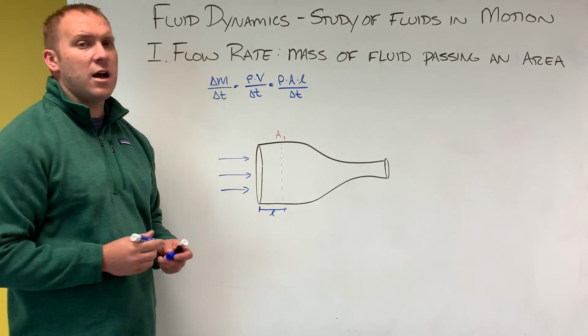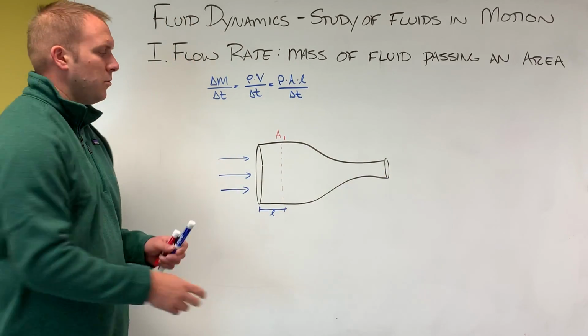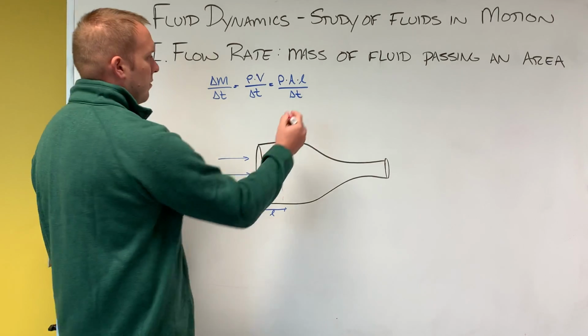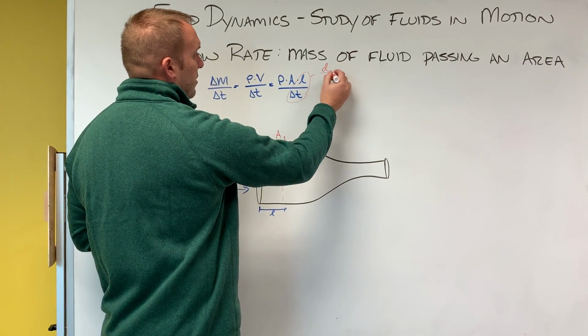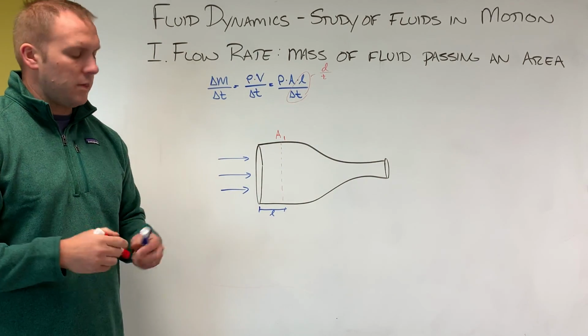Obviously my area has not changed in this circumstance, it changes when we get down here to the bottom, but if we're just looking at area 1, this length divided by time is a distance divided by time. That tells us a speed or a velocity.